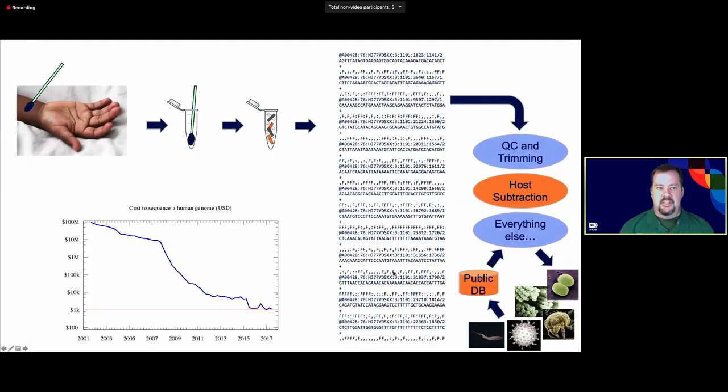So, nuts and bolts, how would this actually work? In our lab, we might call in either a healthy volunteer, or we also work on atopic dermatitis as a disease, so we might have a study where we're looking at somebody who has atopic dermatitis. Either way, we'd bring that person in. We usually take a swab that's been moistened with some sort of buffer, and use that to swab their skin.